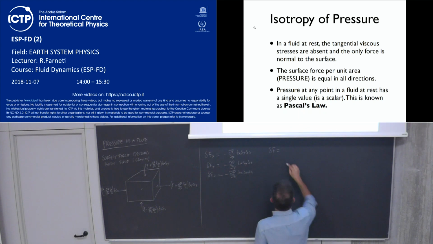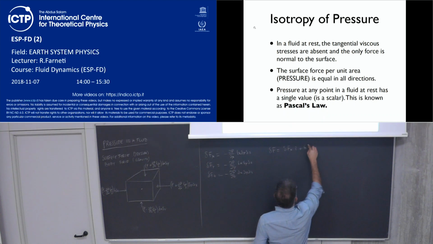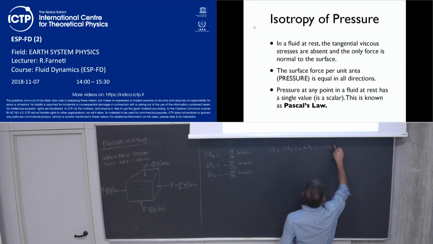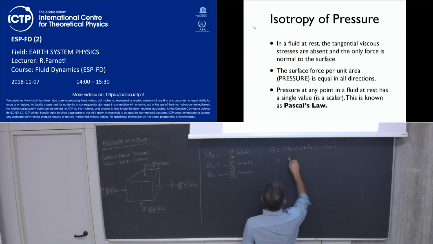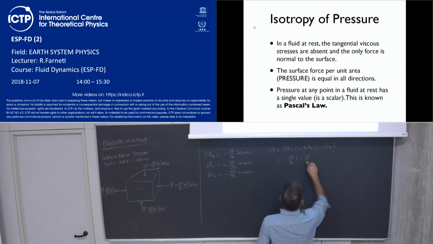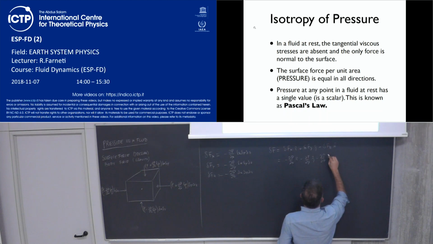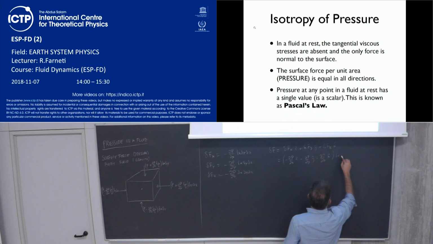So all the forces, okay, so these are your pressure components, which is just minus dp by dx i, minus dp by dy j, minus dp by dz in the k direction, times dx, dy, and dz. Okay.